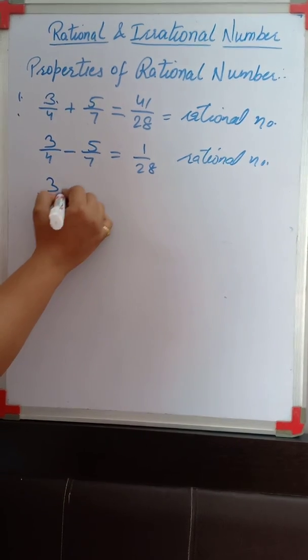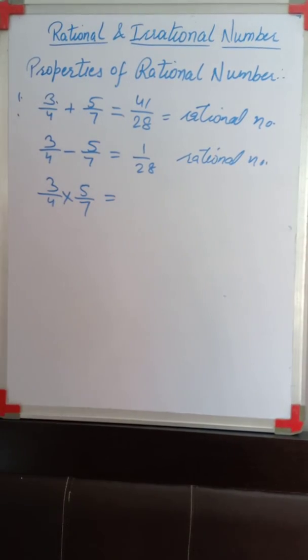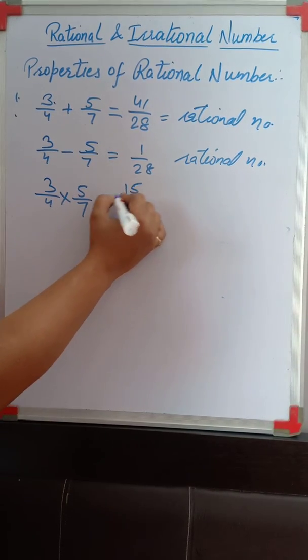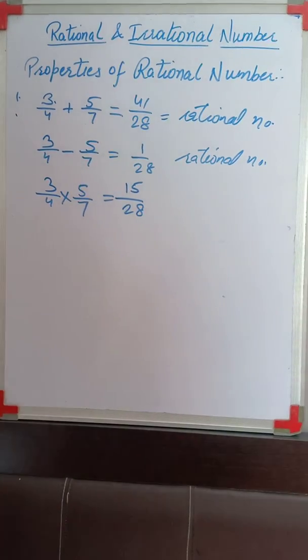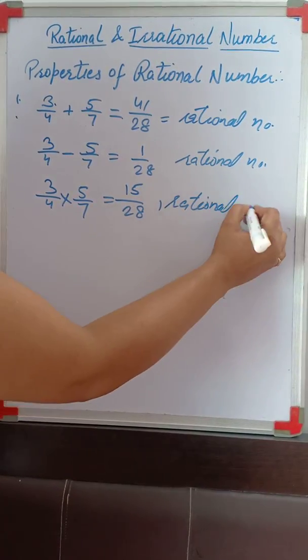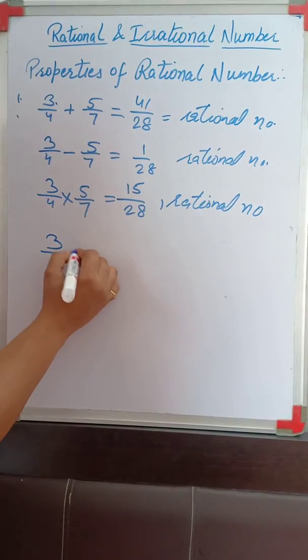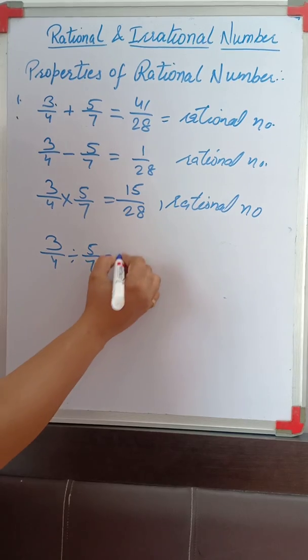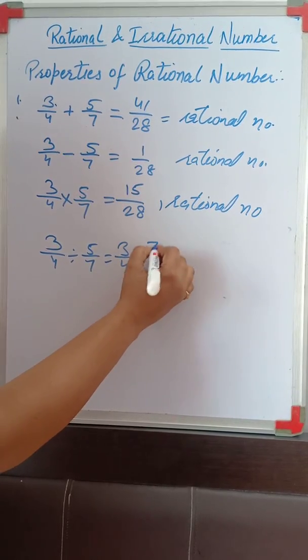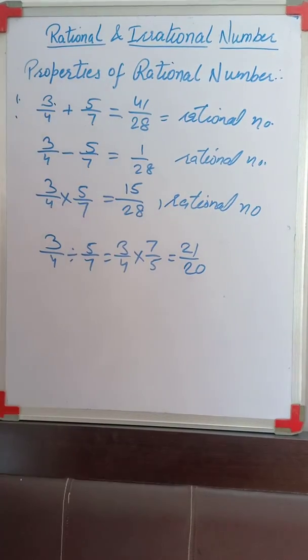Third, if you multiply two rational numbers, what will be the answer? It will be 15 upon 28. It is again a rational number. Fourth, whenever we divide two rational numbers, what will the answer be? 21 upon 20.